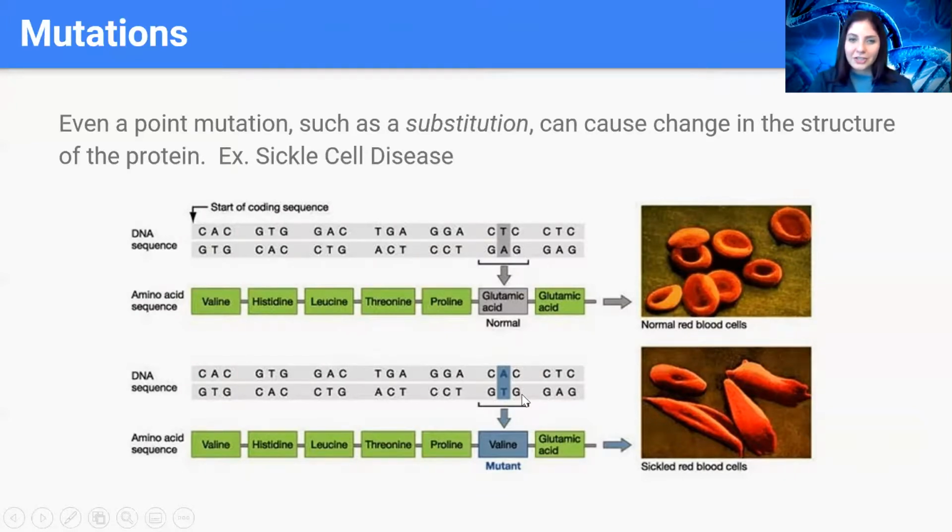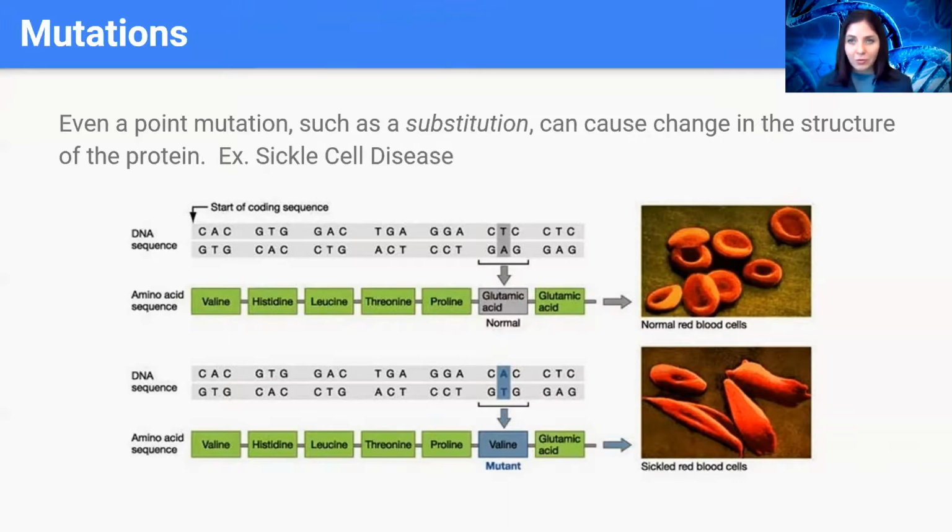Now instead of GUG coding for glutamic acid like GAG does, GUG codes for valine. Now this small little mutation causes a structural change in that protein, and that structural change changes the function of that.